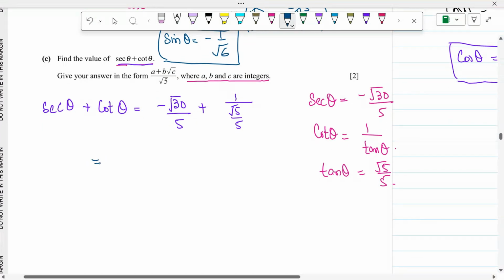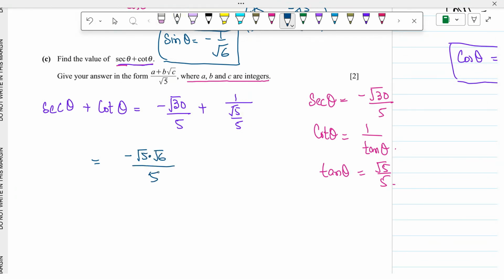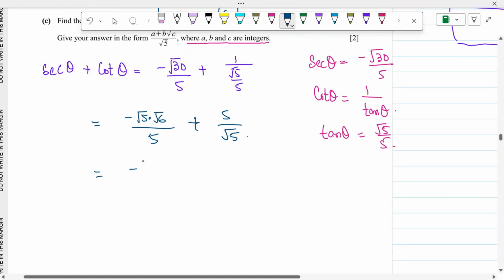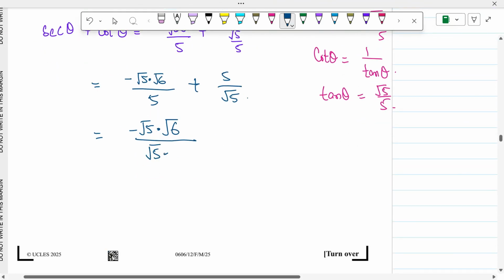So further solving, we will have negative root 30, which can be written as root 5 times root 6 over 5, plus 5 over root 5. So negative root 5 times root 6 over 5, where the 5 can be written as root 5 times root 5, plus 5 can be written as root 5 times root 5 over root 5. So the 5 and root 5 cancel, and this root 5 will be cancelled.